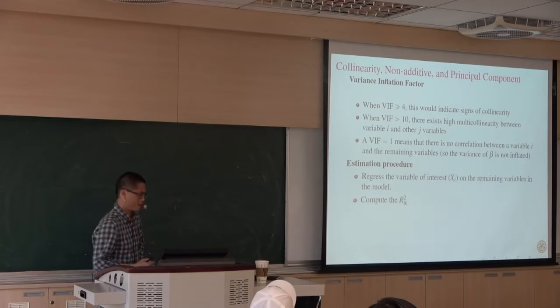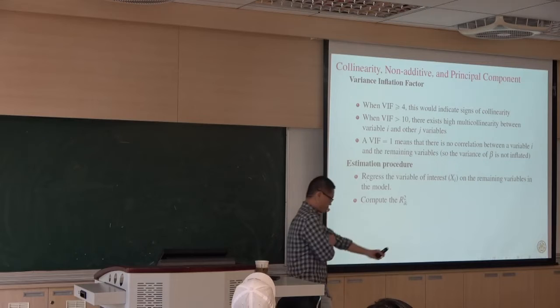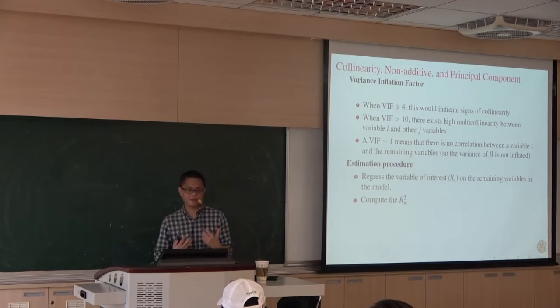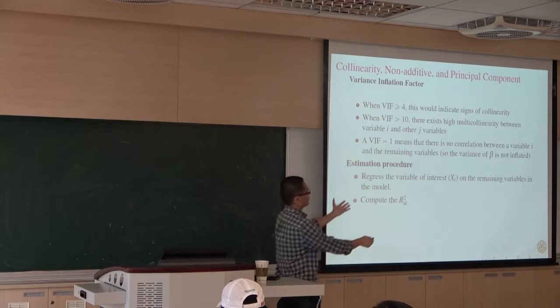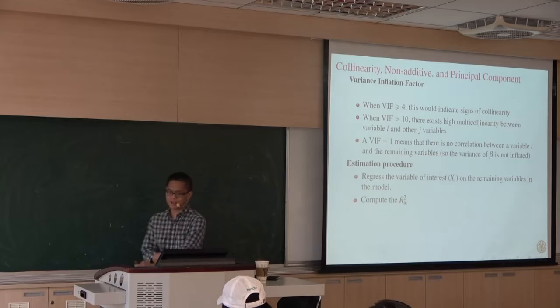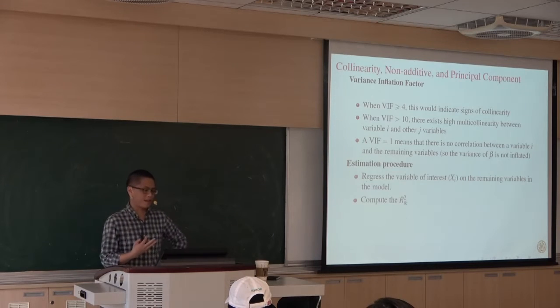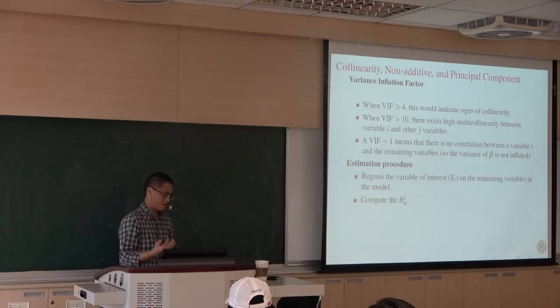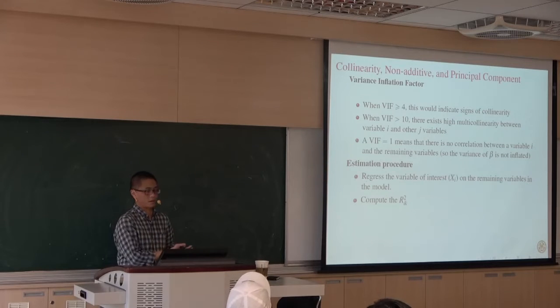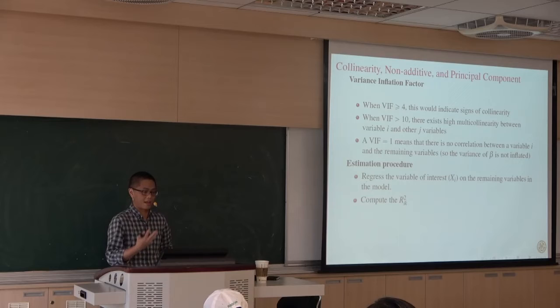So here it provides some quick measure for you to look at. Actually, I did not make this rule. It's based on what we learned from the textbook. Where you have the VIF larger than or equal to 4, that indicates obvious signs of collinearity.